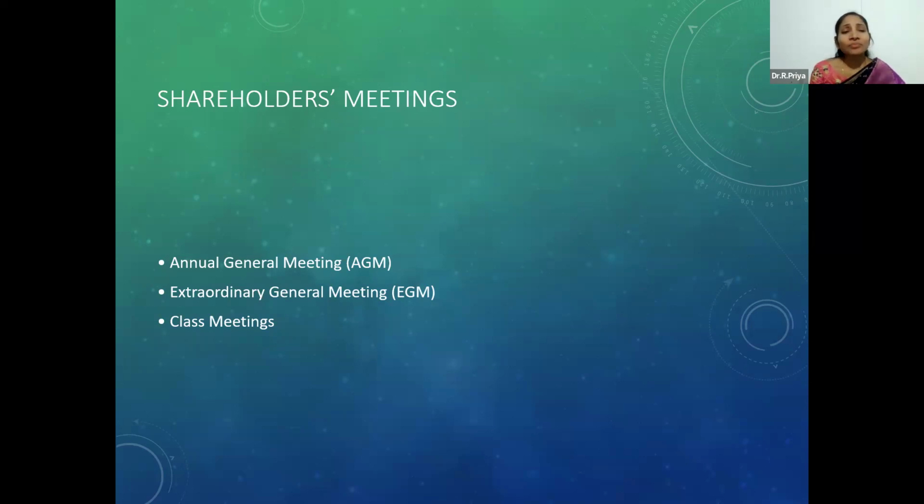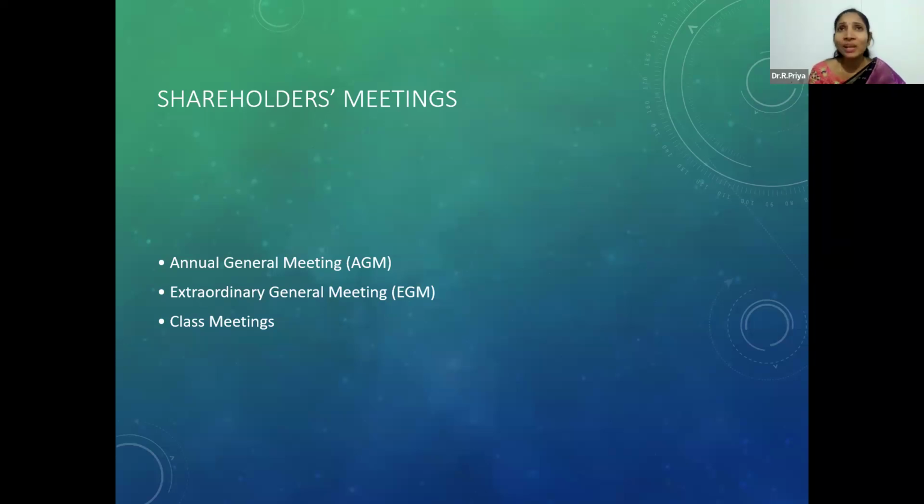We can see now what is the key point of the annual general meeting. The annual general meeting serves as a forum where the board reports to stakeholders on company performance. Statutory matters such as adoption of financial statements, declaration of dividends, appointment or reappointment of directors, and appointment of auditors are discussed and approved in this meeting.